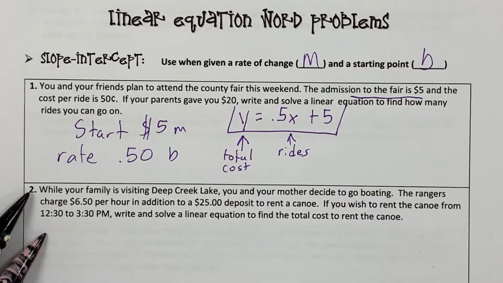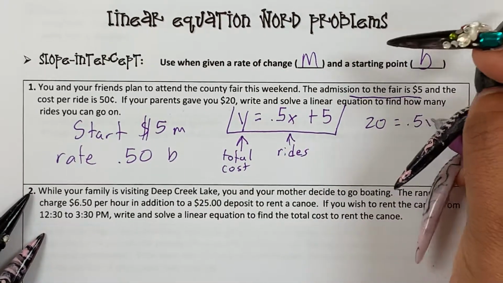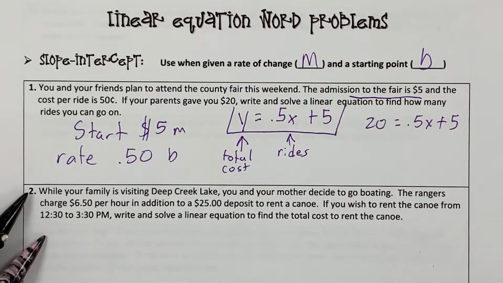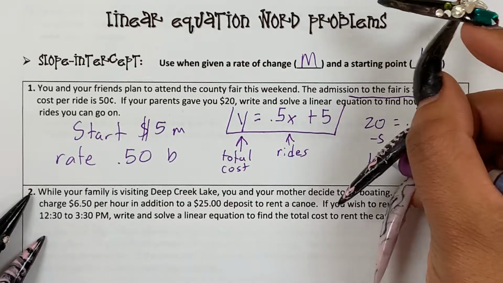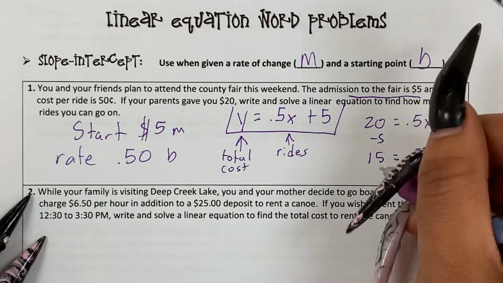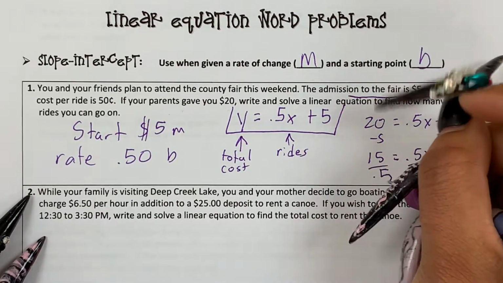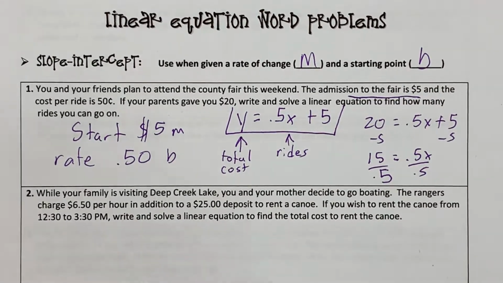So I'm going to put 20 in for Y and solve the equation. So that would be 30.